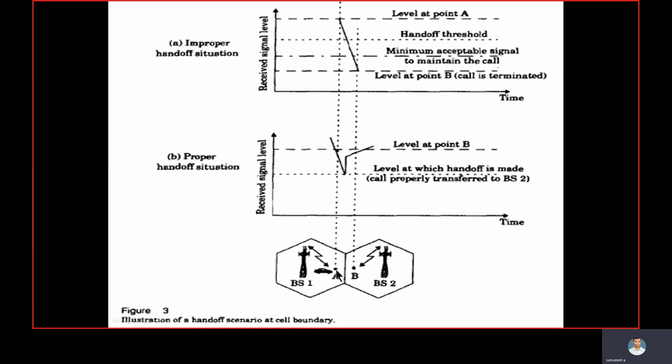First of all, I am explaining without handoff. In the graph without handoff, the x-axis is time and the y-axis is signal strength level. Whenever the mobile unit reaches point A, the signal strength automatically becomes less. Suppose the mobile unit moves away from point A. At that point you have to fix one handoff threshold value.